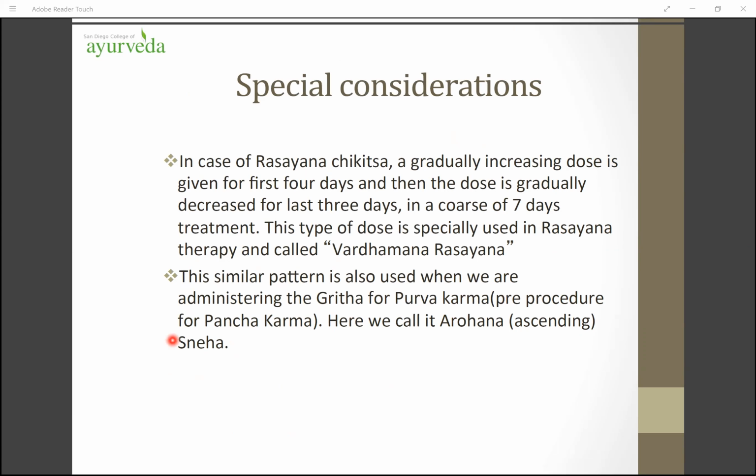Once you're done with that, it's like a complete rejuvenation that your body would have, right? A similar pattern you also see with the administration of certain gritas that are given before you do your panchakarmas, where you slowly increase the dosage of the grita, and then you slowly decrease the dosage, right?